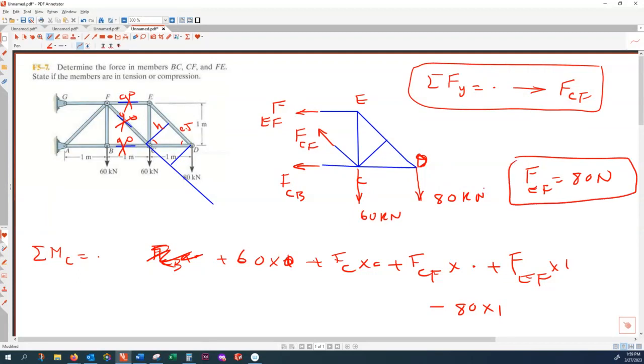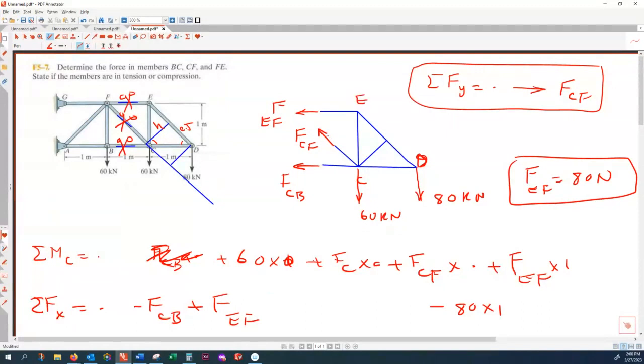All right, thank you for that. And so we have FEF, we have FCF, and to find FCB, that is simple. To find FCB, that is net forces horizontally equal to 0, and that gives you FCB minus whatever FEF is, positive or negative.